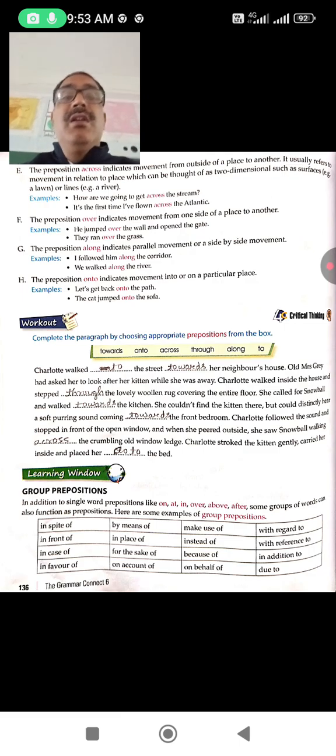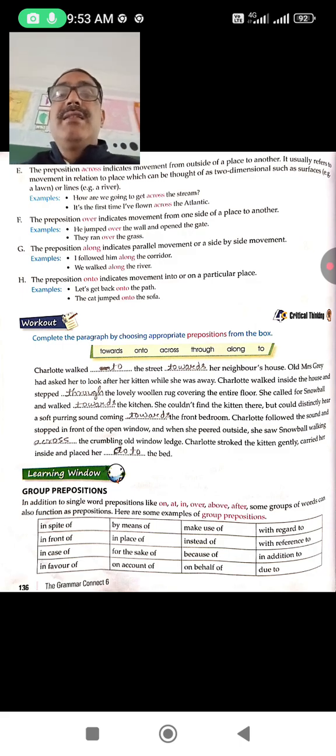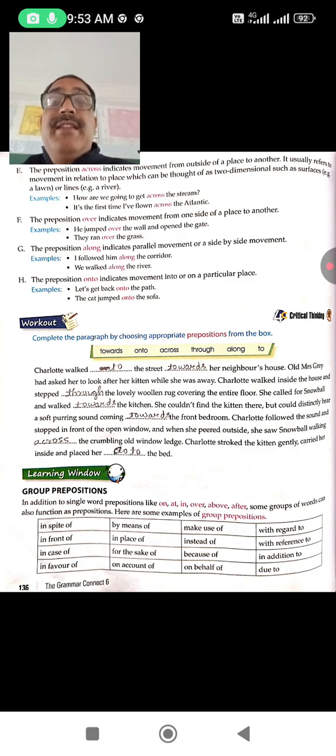It usually refers to movement in relation to a place which can be thought of as two-dimensional, such as a surface like a lawn or lines like a river. Example, how are we going to get across the stream? Here across is used as a preposition.